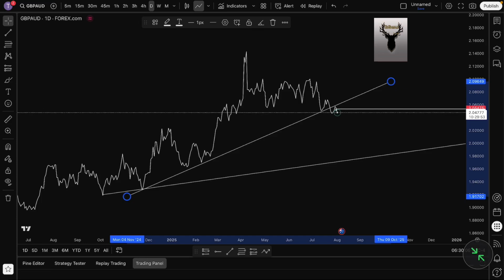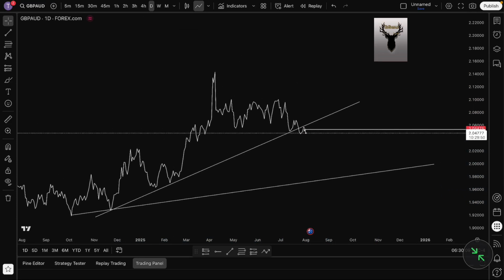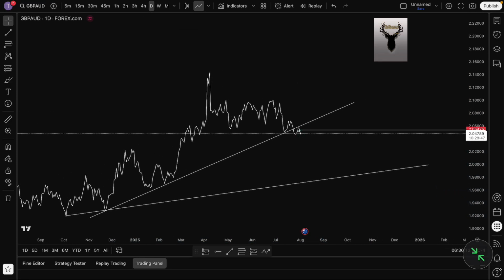On your line chart you can see everything clearly: the first touch here, the second touch here, the third touch here, and then we broke the line, and now we are testing it as a resistance to sell to the downside.